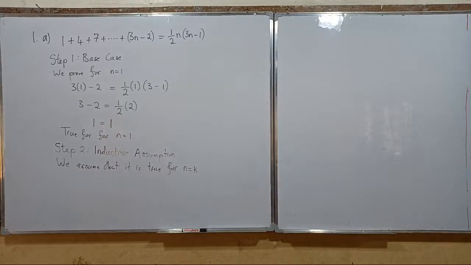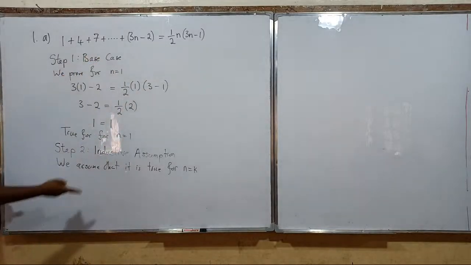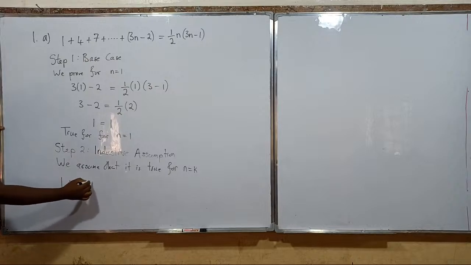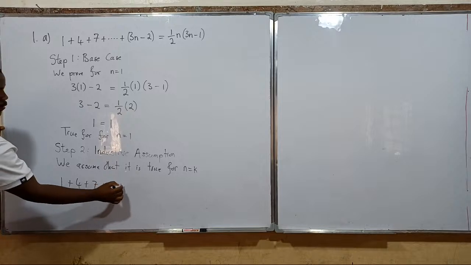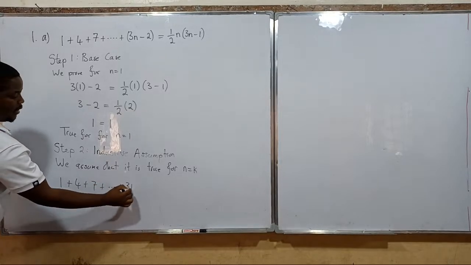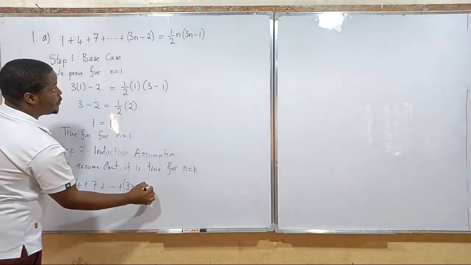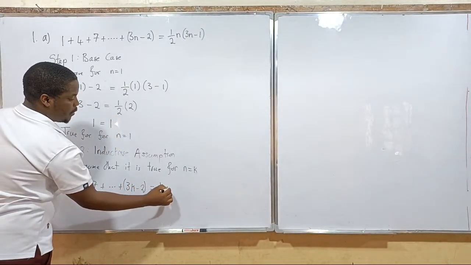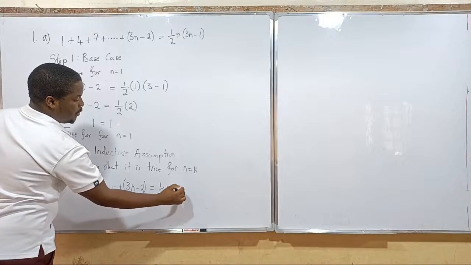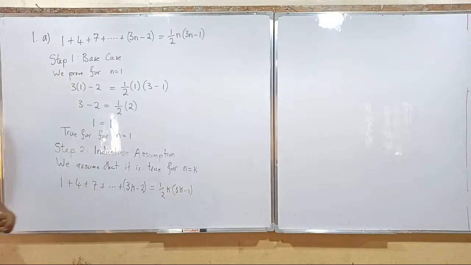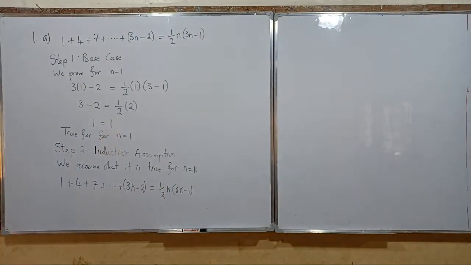What does that mean? It's just a matter of substituting. Where there's n in our original, we just replace it with k. What do we get? 1 plus 4 plus 7 plus, that is 3k minus 2, brackets, this is equal to k times 3k minus 1. Okay. That's it. That's the assumption.